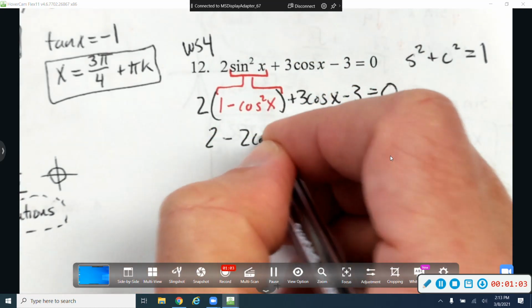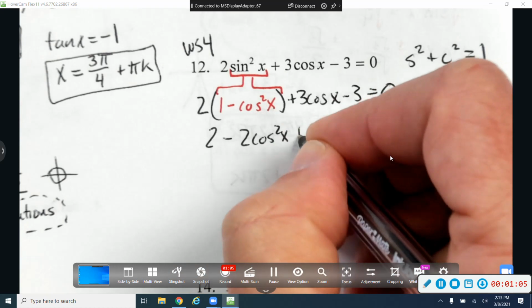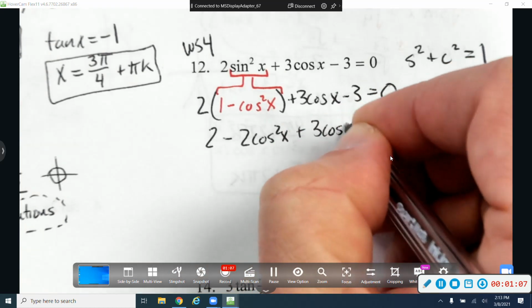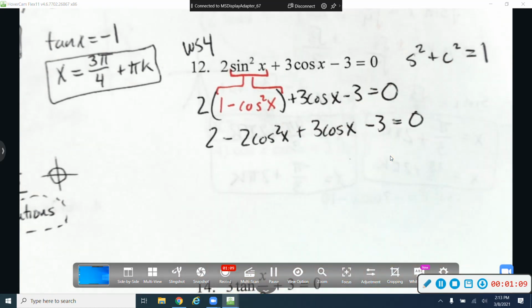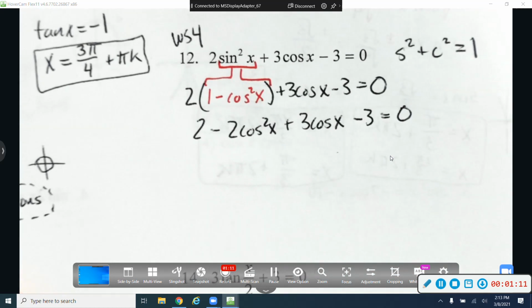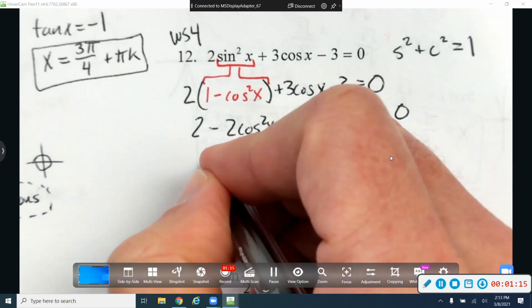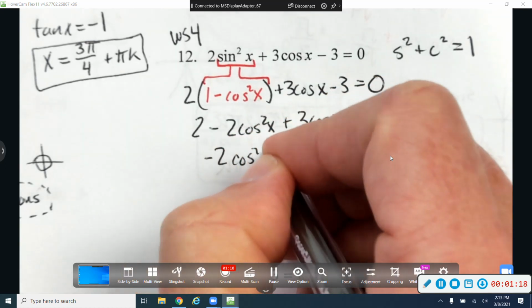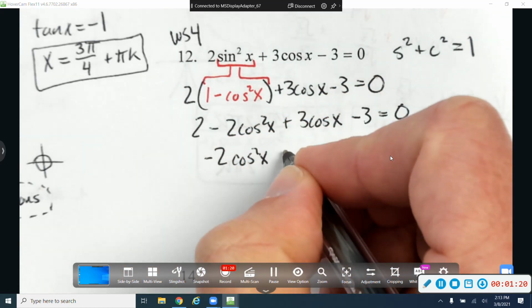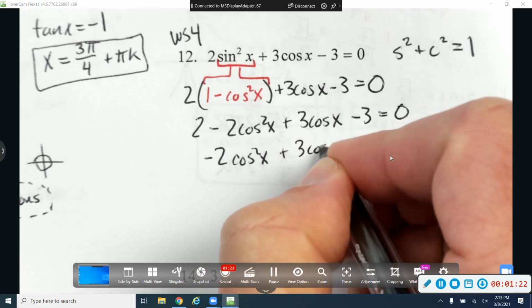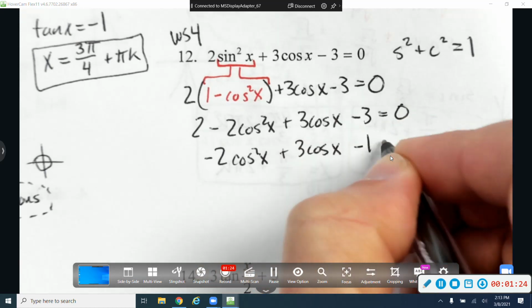2 minus 2 cosine squared x plus 3 cosine x minus 3 equals 0. Negative 2 cosine squared x plus 3 cosine x minus 1 equals 0.